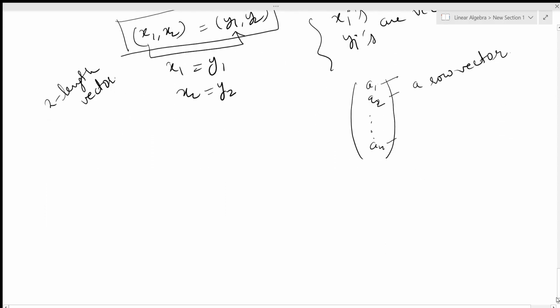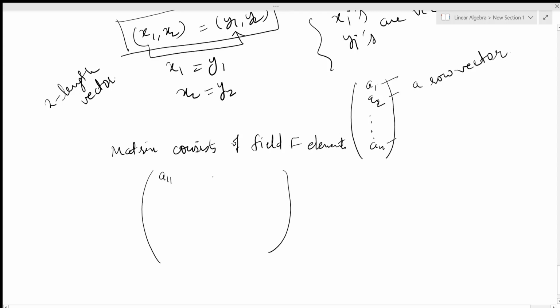These are just notations, because they are helpful for the upcoming examples and proofs, so I'm just giving you the notation. Now a matrix which consists of field F elements is given as A11, A12, up to A1n for an n cross n matrix.